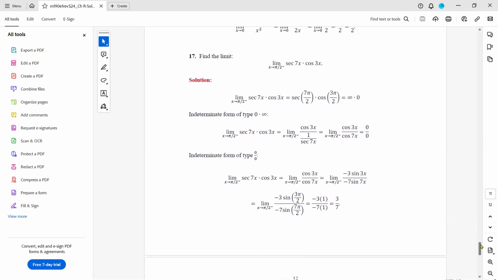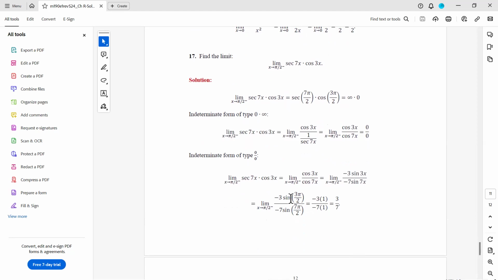And then from there, plug in again and make sure what form you have. So you plug in pi over 2, sine of 3 pi over 2. Now you're thinking about the sine. This is the sine of pi over 2 on the negative y-axis.